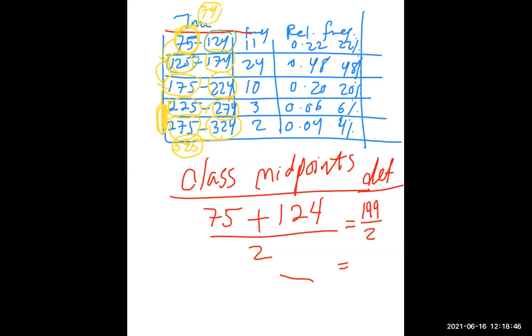Divided by 2 is 99.5. So you add them and divide by 2. That means this number, 99.5, is in the middle of this set.